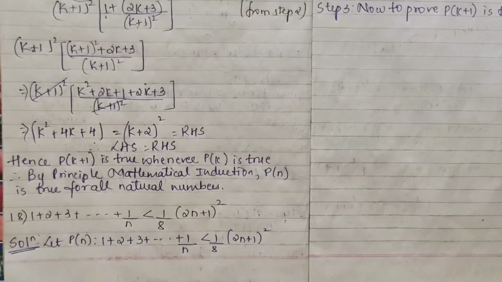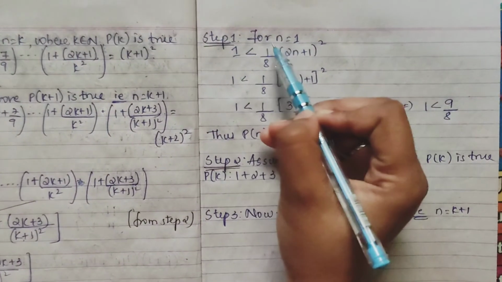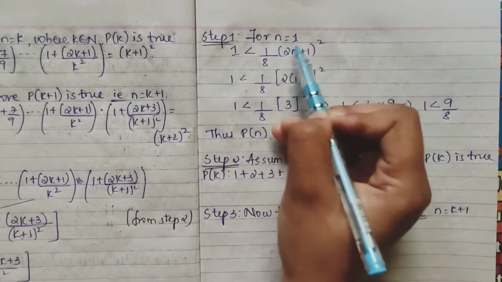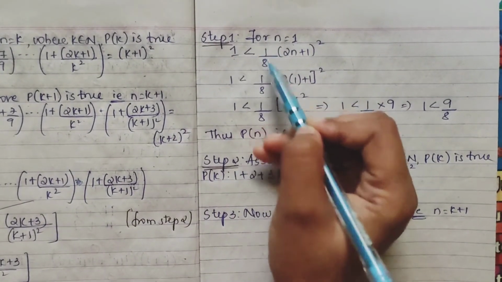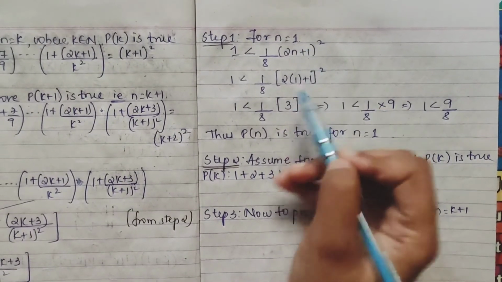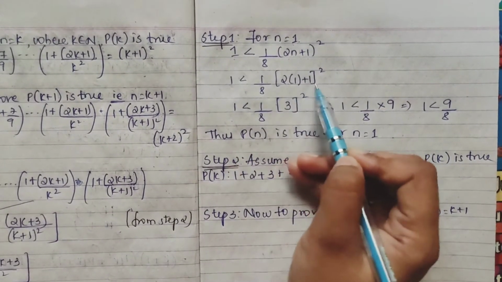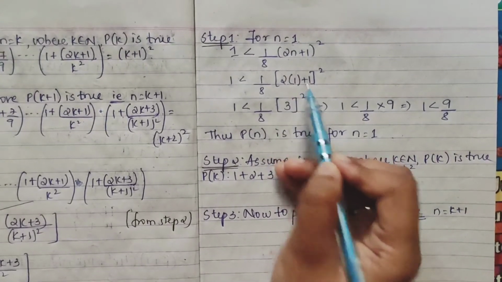So first write as usual your P of n. Then comes your step 1. Step 1 is for n is equal to 1. N is equal to 1 means you only have to take the first number, that is 1, less than 1 by 8 (2n plus 1) square. So you have to put n is equal to 1. So 1 less than 1 by 8 (2 into 1 plus 1) the whole square. 2 into 1 is 2 plus 1, that becomes 3.